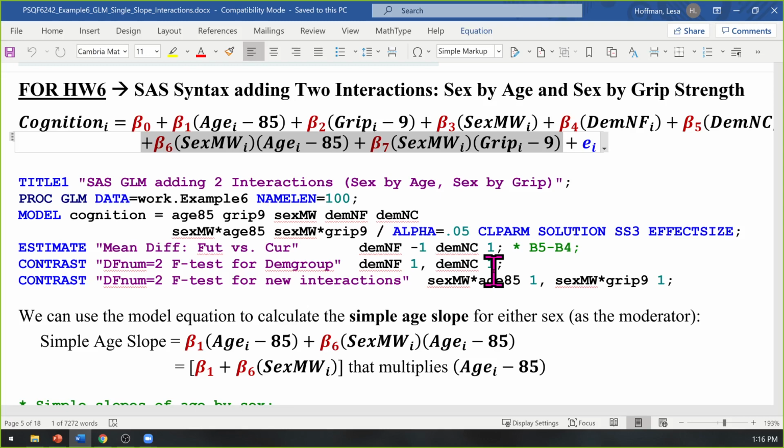And do men and women have the same effective grip strength in predicting cognition? Am I frozen? No? Okay, good. Just checking. The other way to think about it is, are gender differences the same across age and grip strength? So we can think about it from either way.